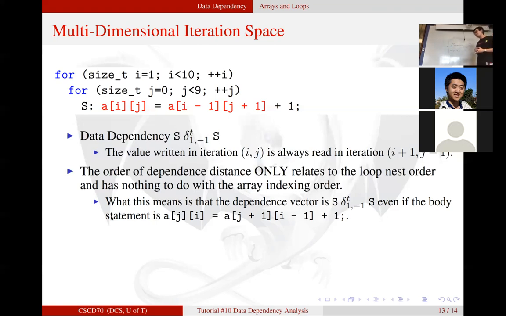Well, the data dependencies that we'll have are also the same. The reason is that the order of the dependency distance only relates to the loop nest order and has nothing to do with the array indexing order.